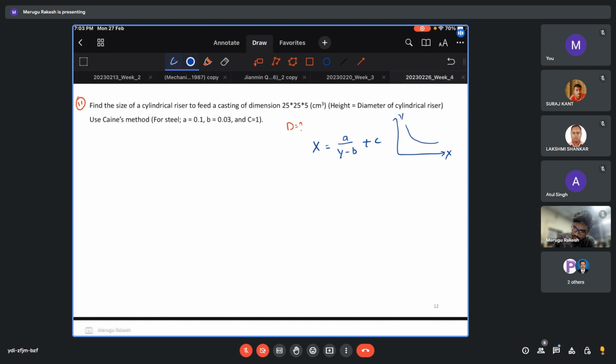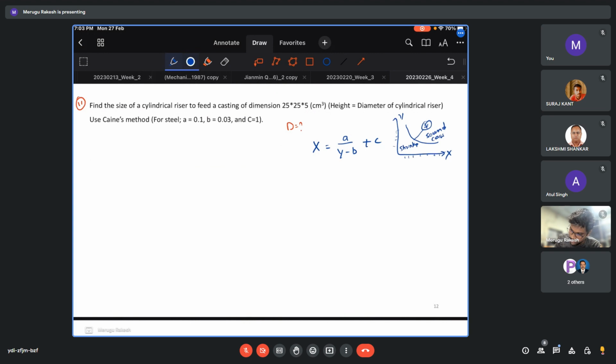We have to be in this region, that is the sound casting zone, and here we have shrinkages. This formula has come from this, and a, b, c are constants given in the question itself.